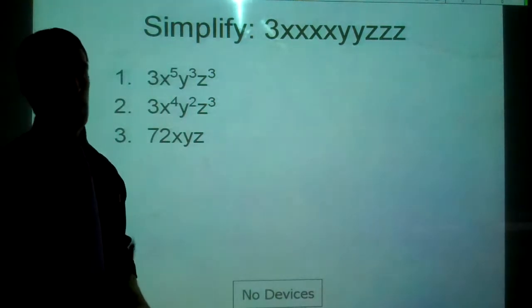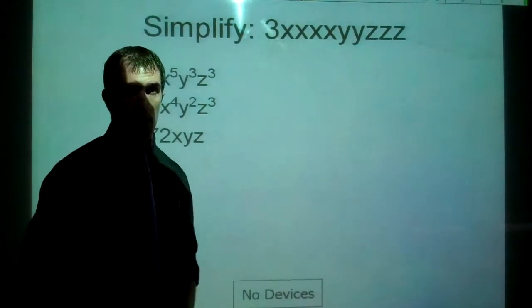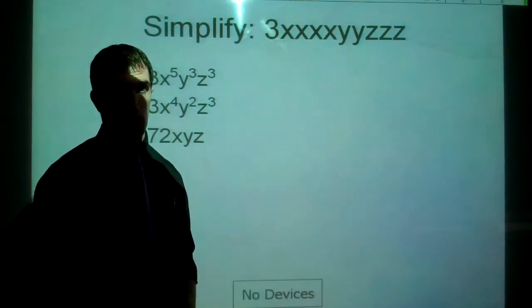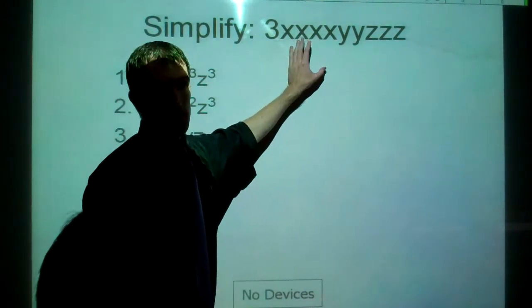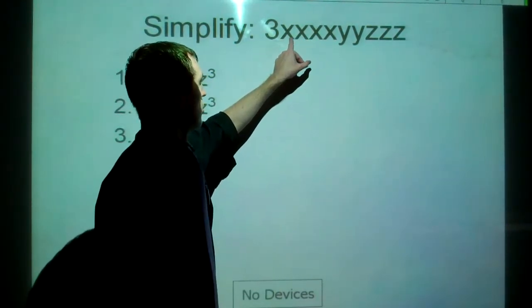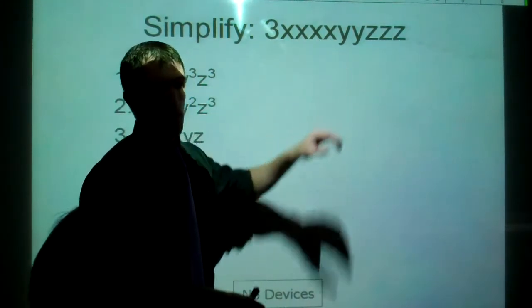Well, let's think about what our exponents mean here. Remember, if we had 3 times 3 times 3, that's 3 to the 3rd power. Well, let's pretend that these are numbers. They are variables, but if they were numbers, this would be 1, 2, 3, 4, x to the 4th power, whatever that number would be.